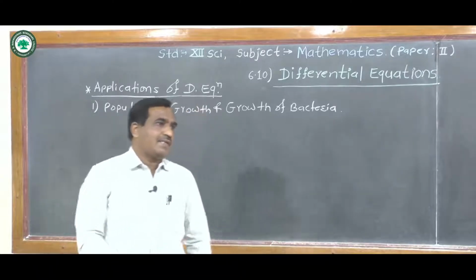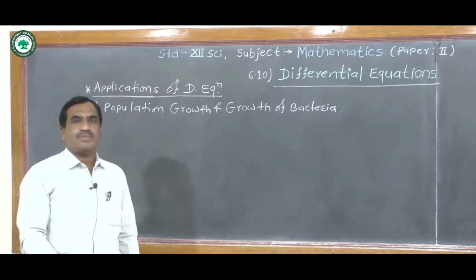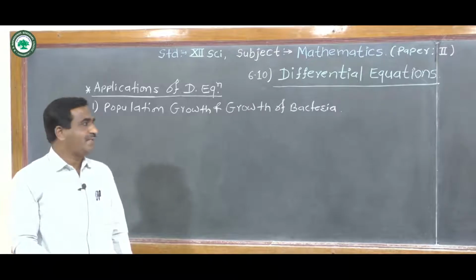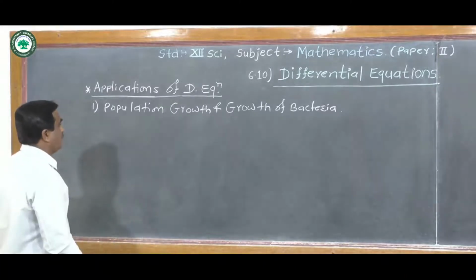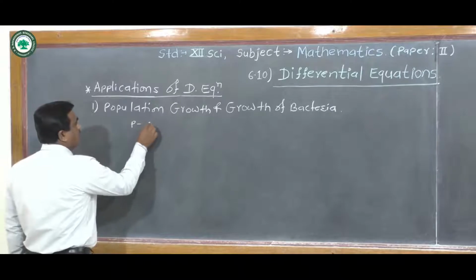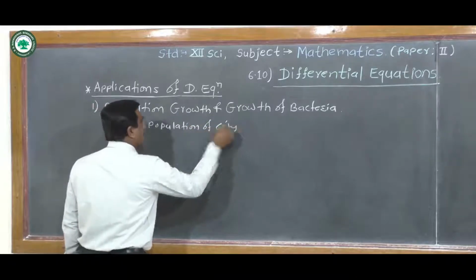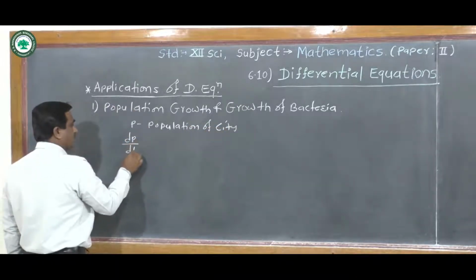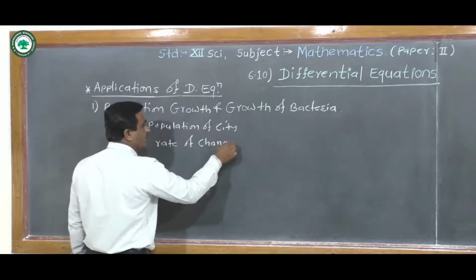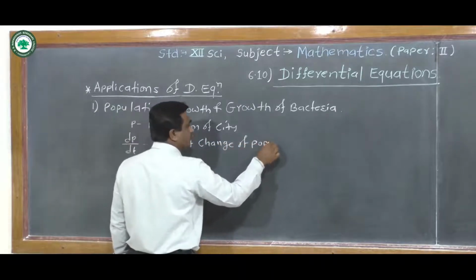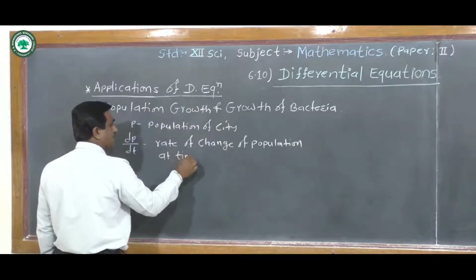If we take the population of any city, suppose the population of the city is P, then the rate of change of population at time t is dP by dt.